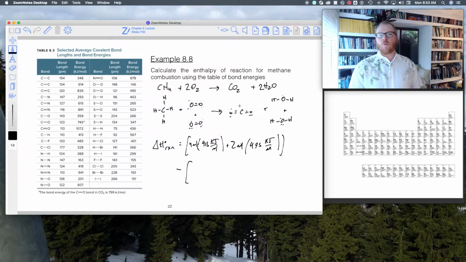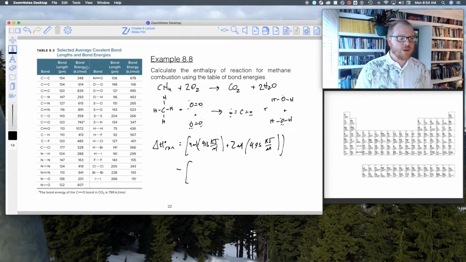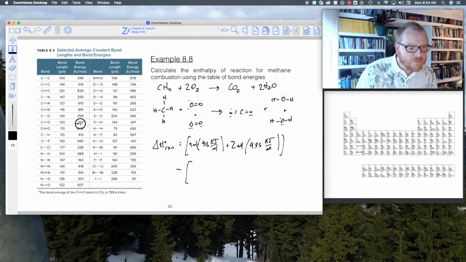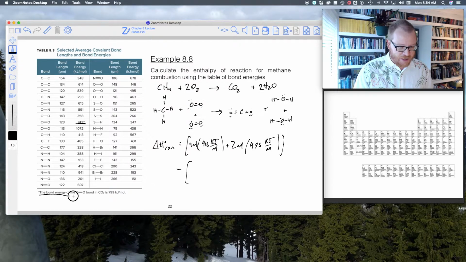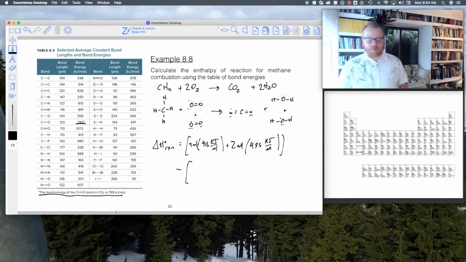So there's only 1 carbon dioxide, but there's 2 carbon-oxygen double bonds in the carbon dioxide. Okay. So let's go and look at the list here. Carbon-oxygen. Oh, look, there's a little note next to carbon-oxygen. Aha. The bond energy of a carbon-oxygen bond in CO2 is 799. That's an exception.